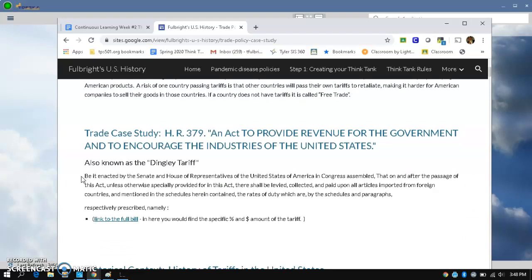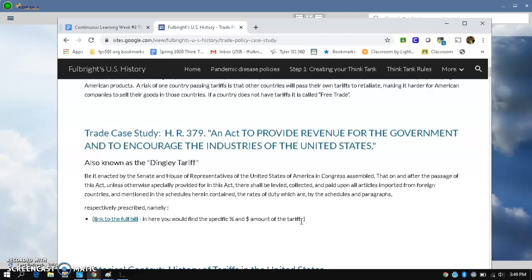It says, be it enacted by the Senate and House of Representatives of the United States of America in Congress assembled, that on and after the passage of this act, unless otherwise specifically provided for in this act, there shall be levied, collected, and paid upon all articles imported from foreign countries and mentioned in the schedules herein contained, the rates of duty which are, by schedules and paragraphs, respectively prescribed, namely, if you want to, you can click on this bill and find out the very specific amounts, the percentages, and the dollar amounts.